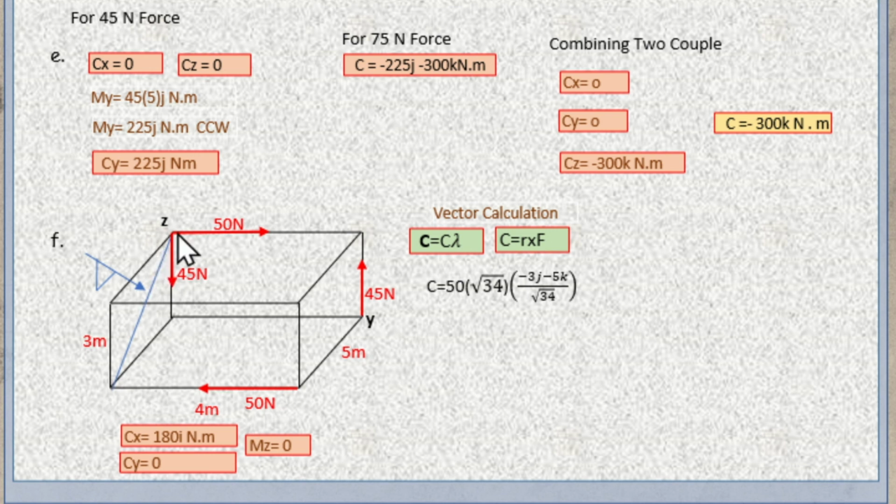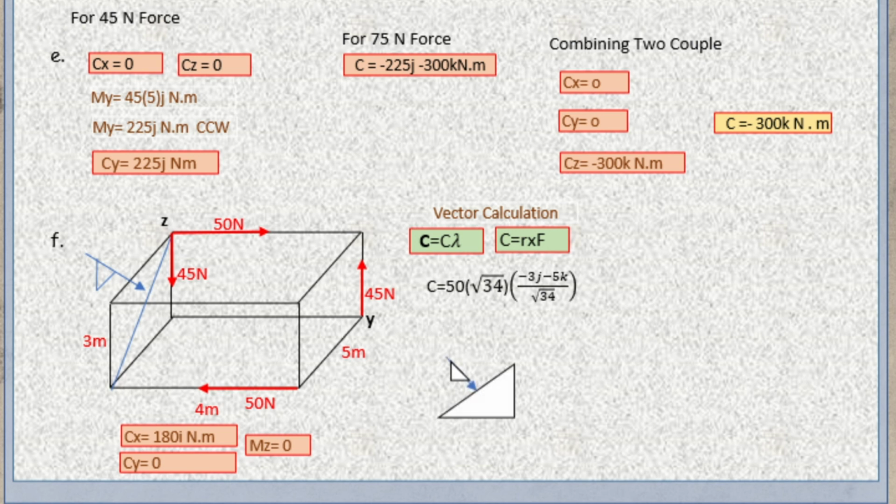So it is the square root of 5 squared plus 3 squared, which equals the square root of 34. And the distance for our Y and Z axis will be negative 3J minus 5K. How does that happen?